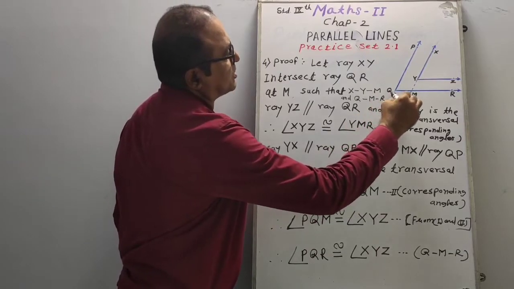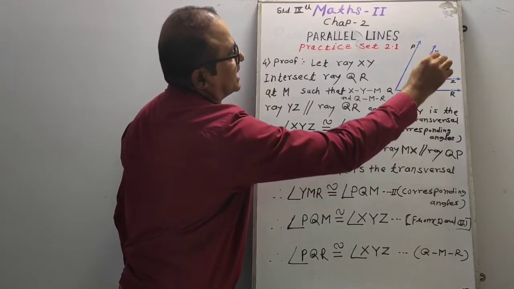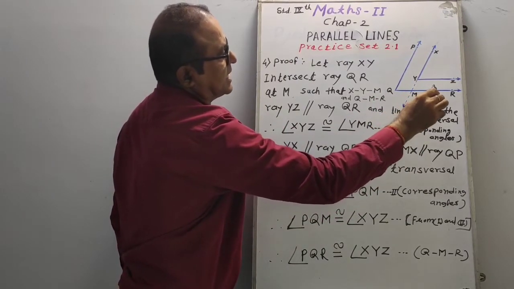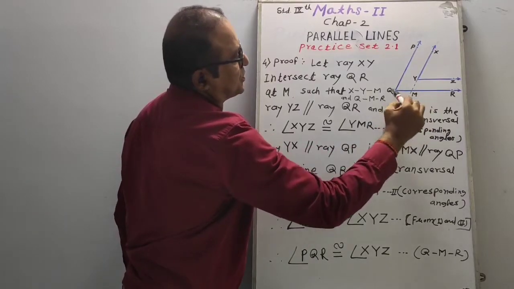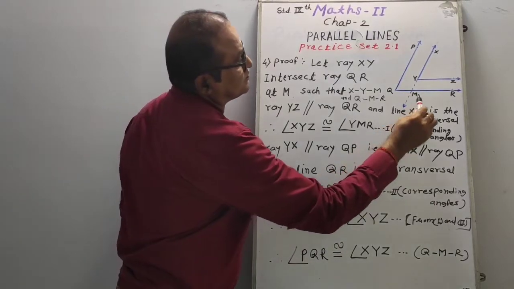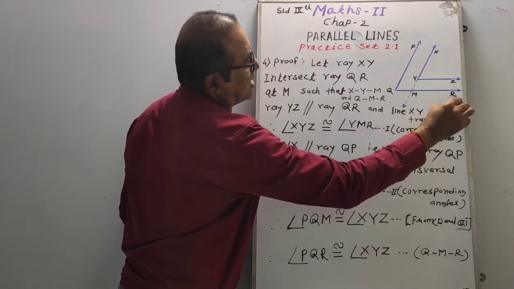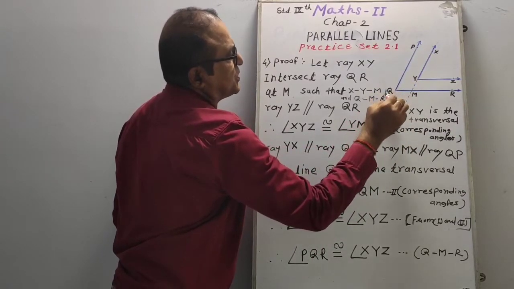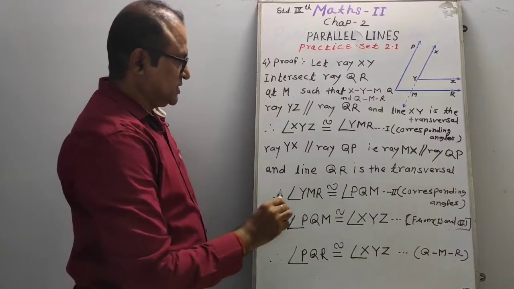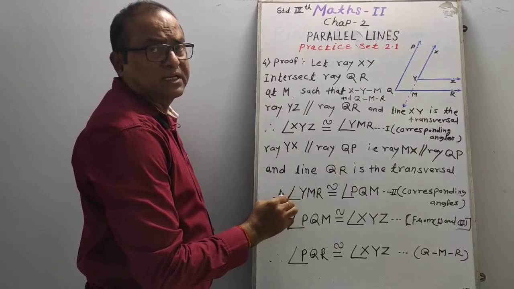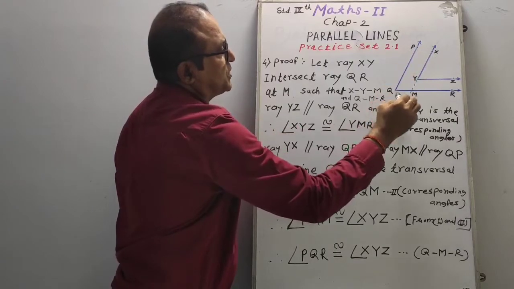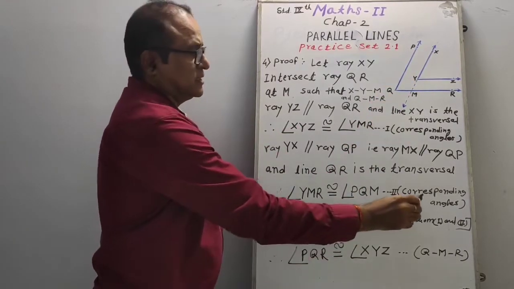Now second, ray QP is parallel to ray XY, meaning line MX, and line QR is the transversal. Then angle YMR and angle PQM are the corresponding angles. Therefore, corresponding angles are congruent. Therefore, YMR is congruent to angle PQM, second corresponding angle.